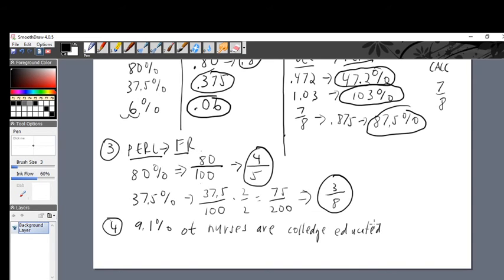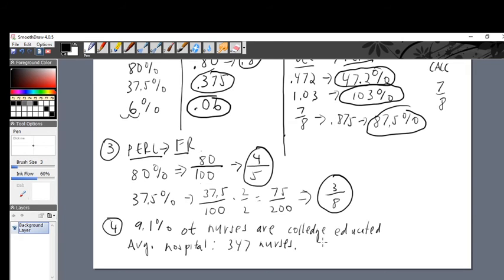Okay, so now a hospital, average hospital. I made it a little complicated over here for no good reason, but anyway, average hospital has 347 nurses.